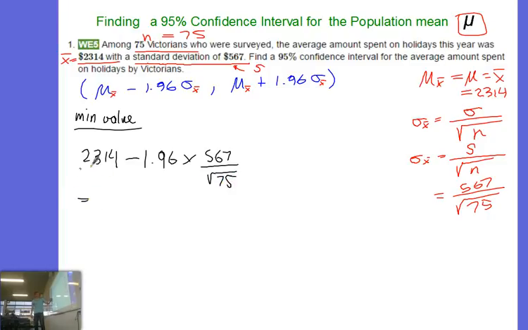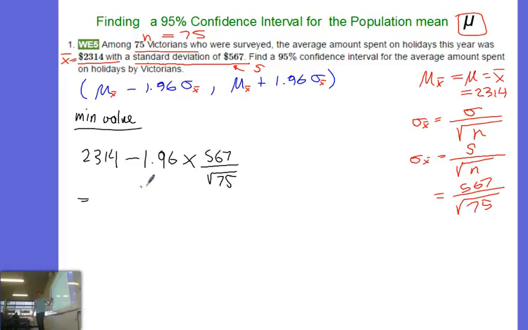Do you want us to leave it like that? No, work it out all together. That's your calculation that you do in your CAS. You can write it as an exact value, but then do the whole lot together as a calculation.